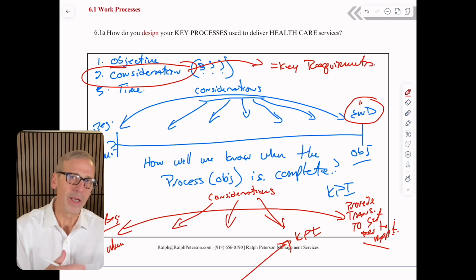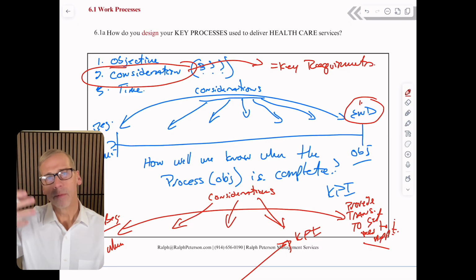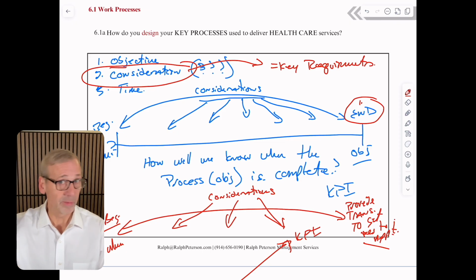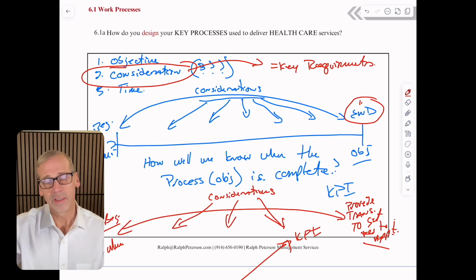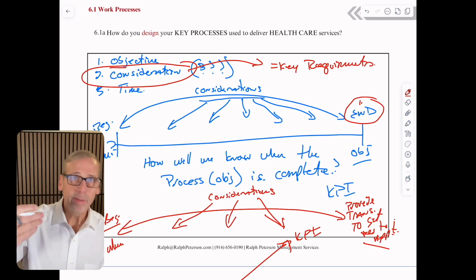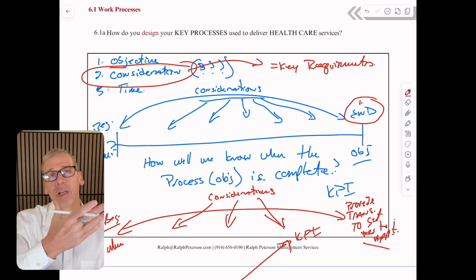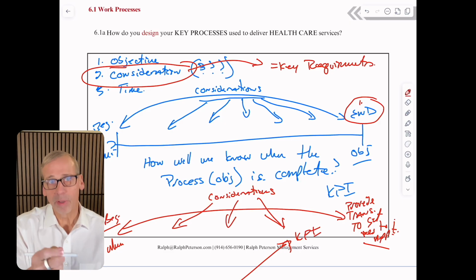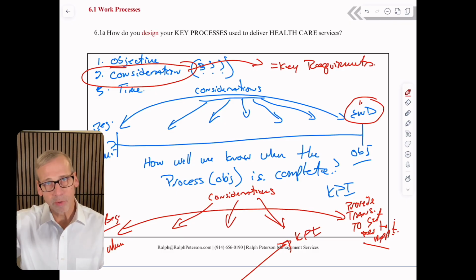When does it need to be done by? And then with these 3 components, the objective, the considerations, which also include the restricting, there might be some financial restrictions or supply restrictions or staffing restrictions, I need to be able to work around all these things. And the time consideration, and I establish, I design a specific job routine, i.e. a specific process that goes in logical order.